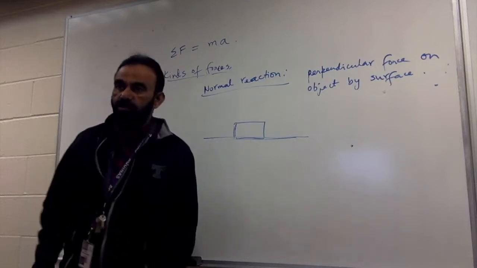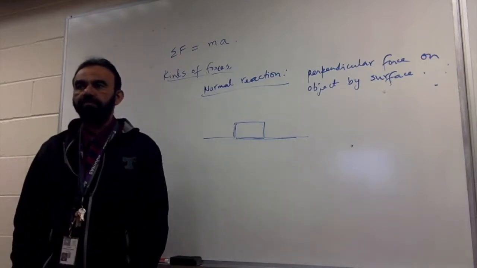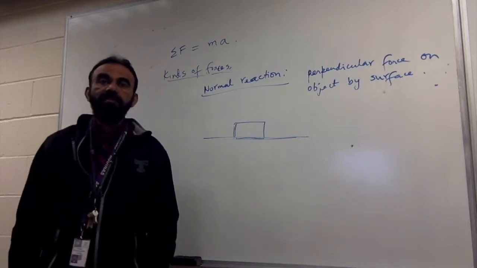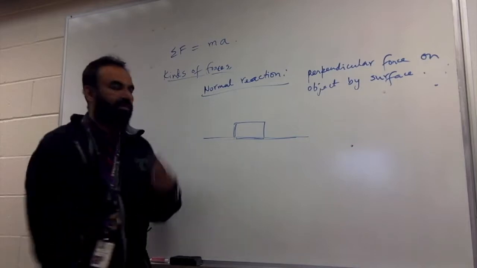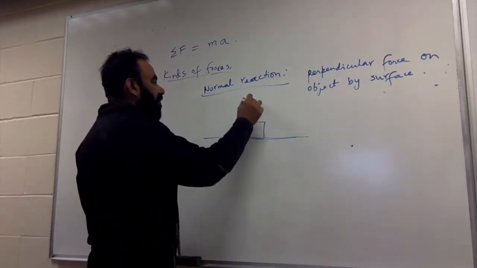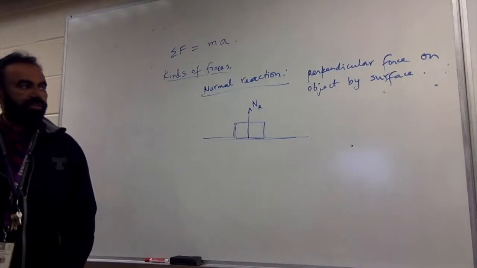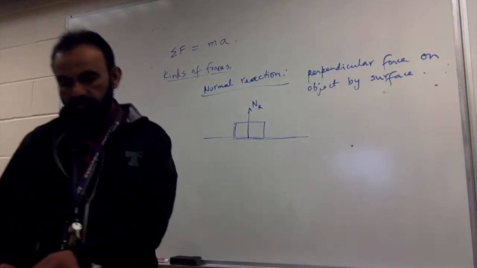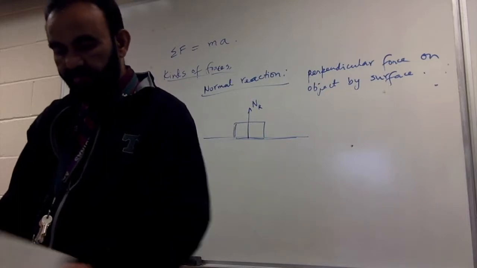So, if this is a book that is sitting here, what is a book trying to do to the table? Push it down. So, what is the table doing? Pushing it up. And that is a normal reaction. That is a normal force, normal reaction. Some books use NR for normal reaction.